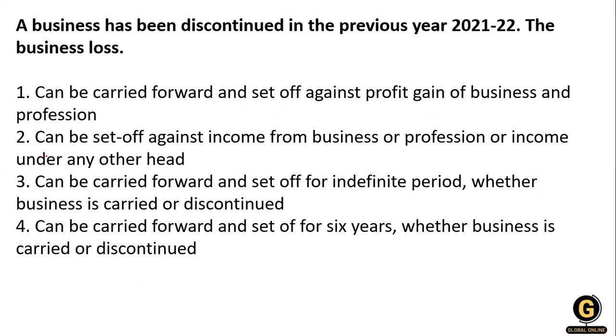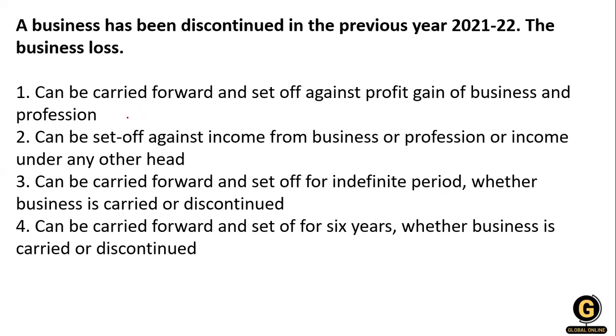Statement 2: it can be set off against income from business and profession under the other heads, and can be carried forward and set off for an indefinite period, whether the business is carried on or discontinued. Statement 3: it can be carried forward and set off for 6 years, whether the business is carried on or discontinued. So what is the right answer?